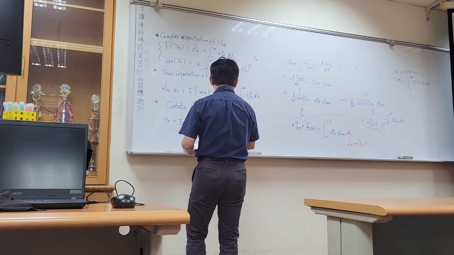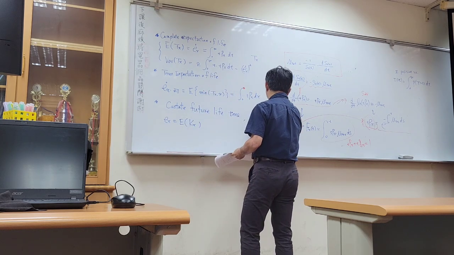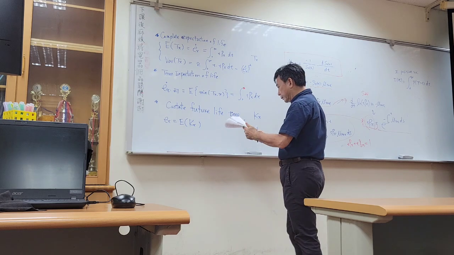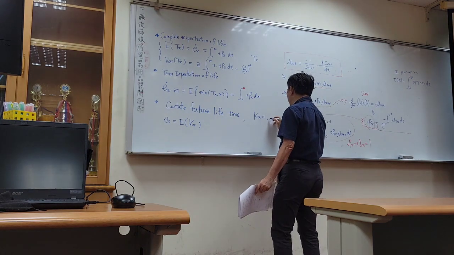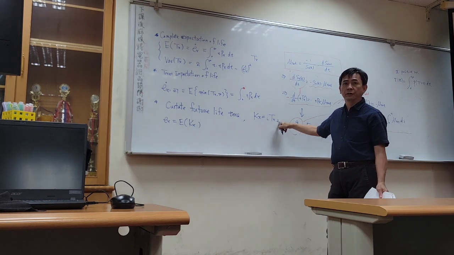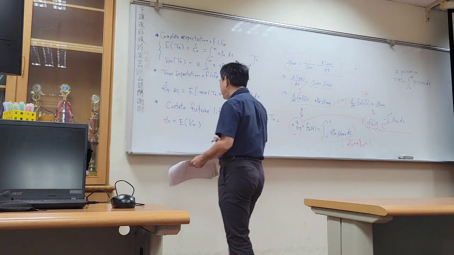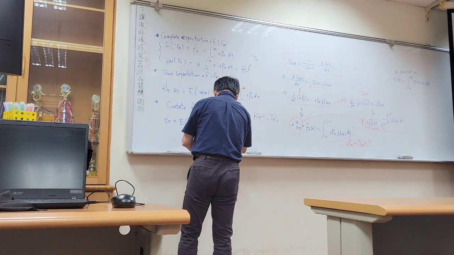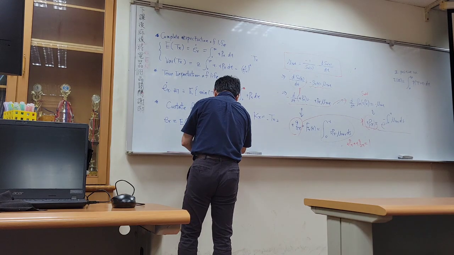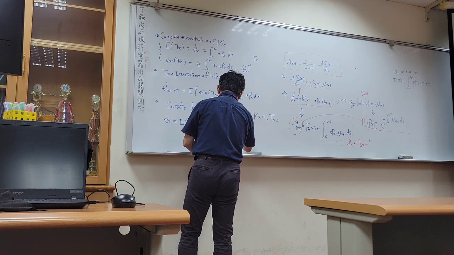And what's K of x? K of x is equal to the floor function of T of x. Okay? What's the floor function? And it will be the summation from k equals 1 to infinity of kpx.